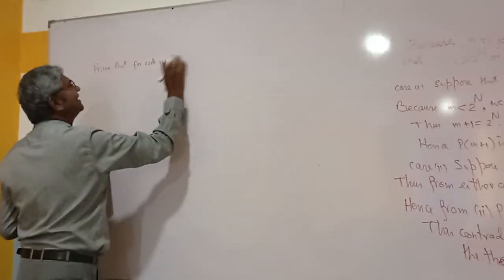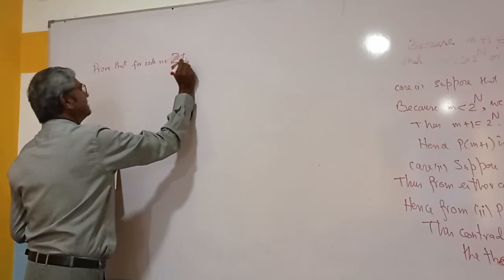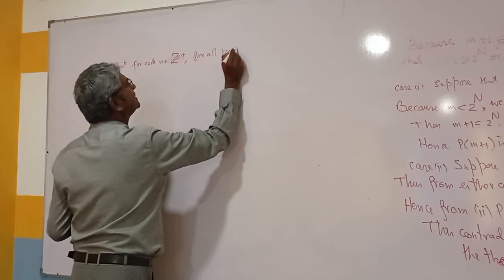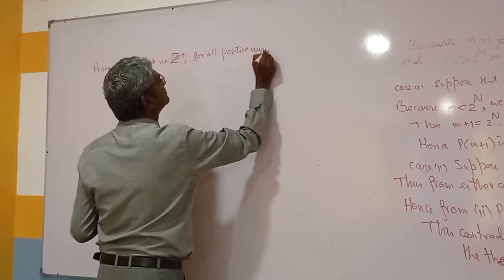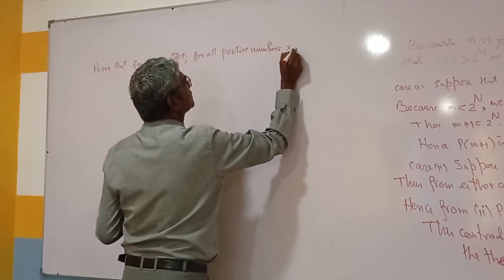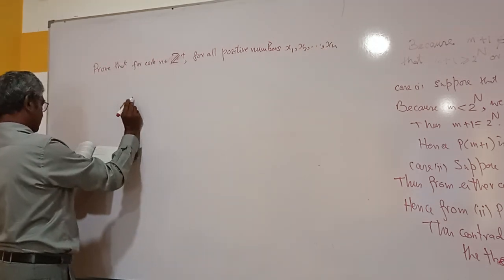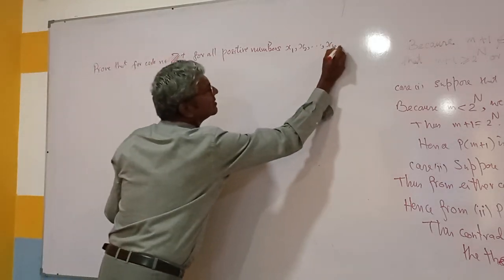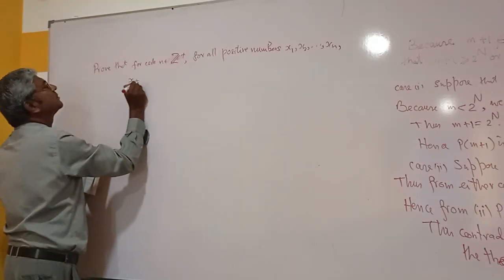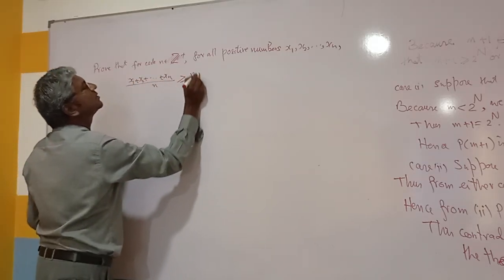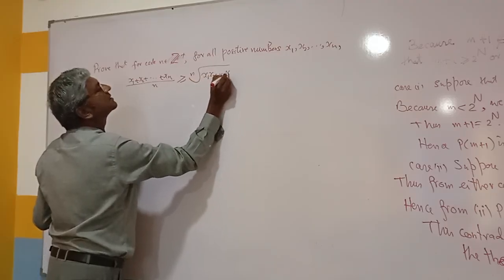We should get to analysis. Prove that for each n belongs to N, for all positive numbers x1, x2 up to xn, x1 plus x2 plus and so on plus xn divided by n is greater than or equal to the nth root of x1, x2 up to xn.